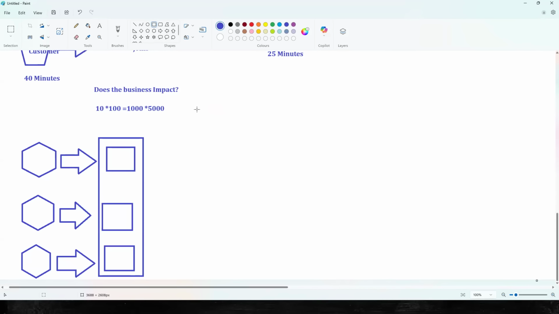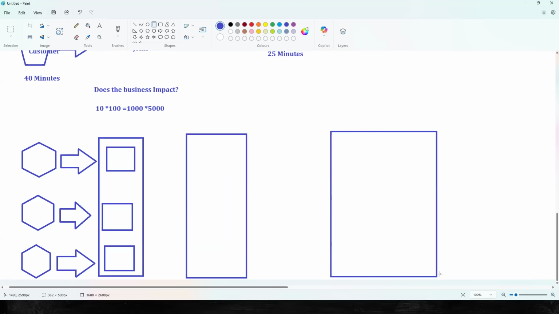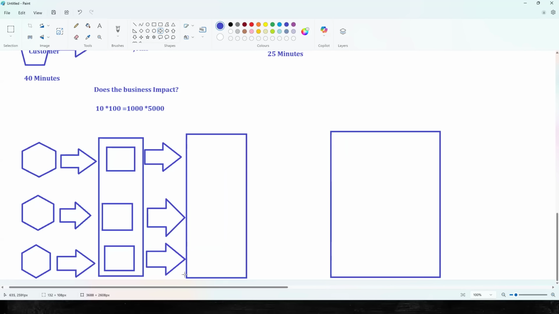Now here you are going to extract the data, then transform it and arrange the data into the data warehouse. Agree? So here you are going to keep it in the staging area.